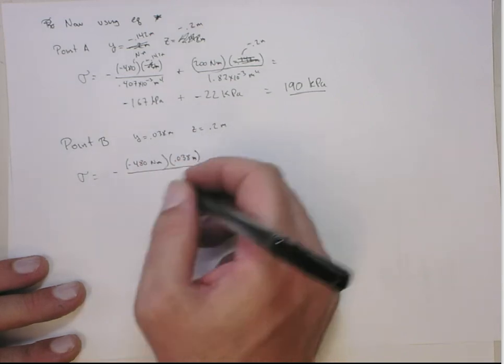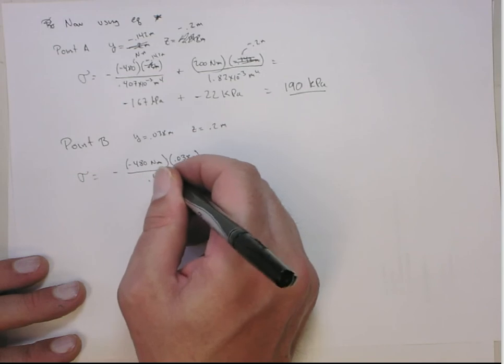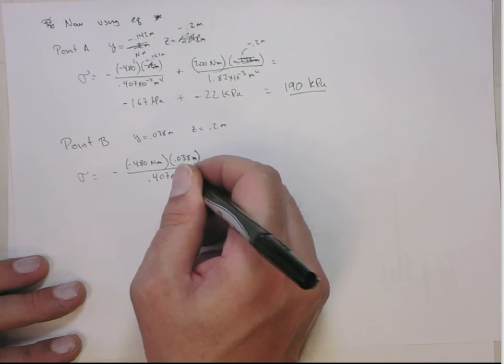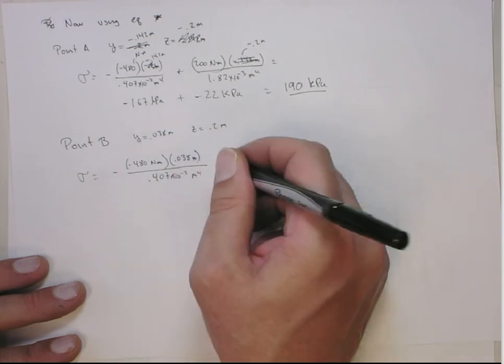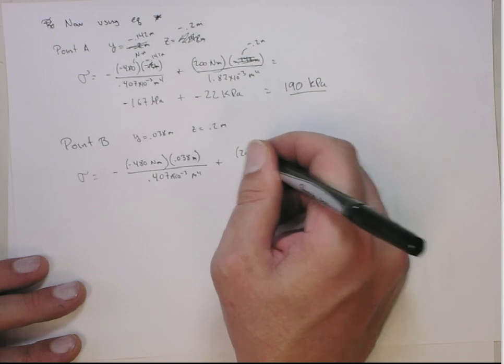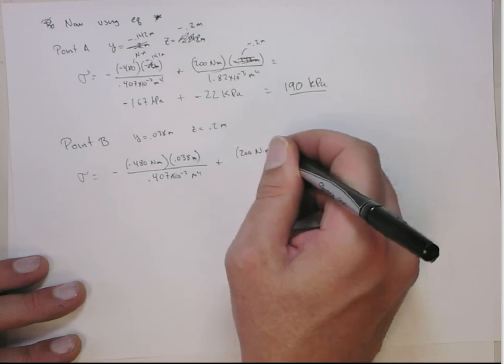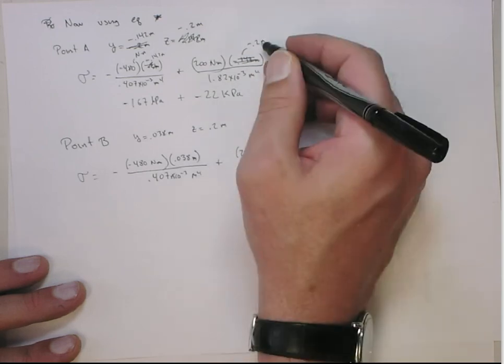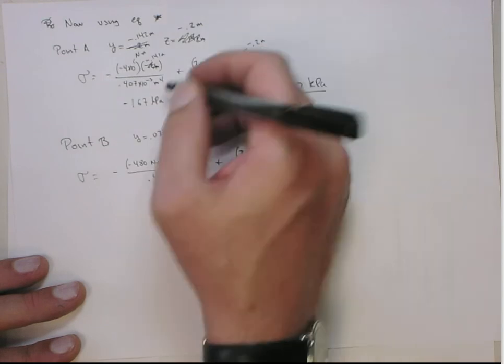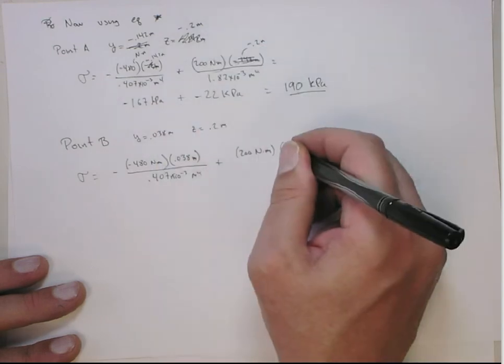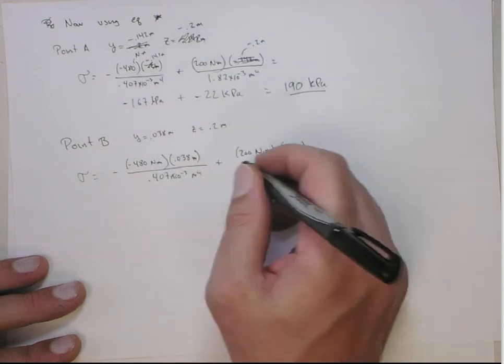And then for the Iz, it's still the same, 0.407 times 10 to the minus 3 meters to the fourth, plus 200. That's the same, but the only thing different here is we put in for z 0.2 meters. It's actually the same value.